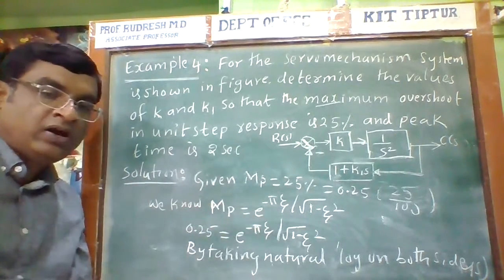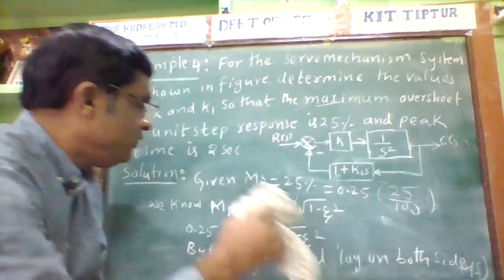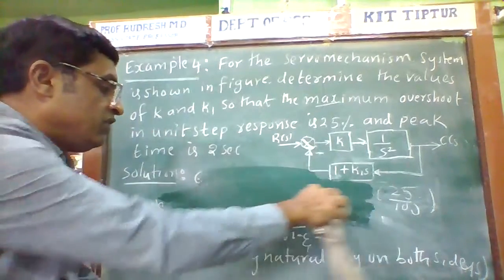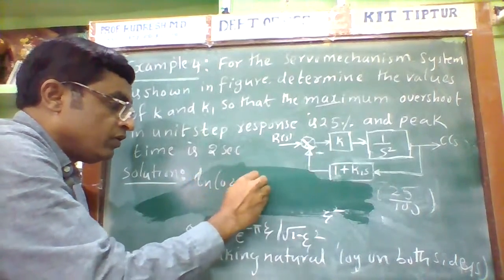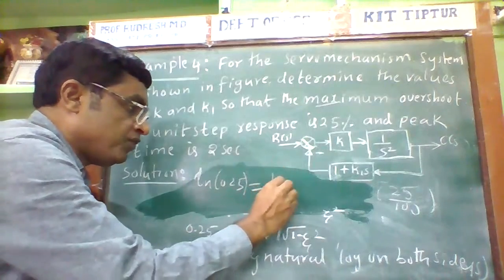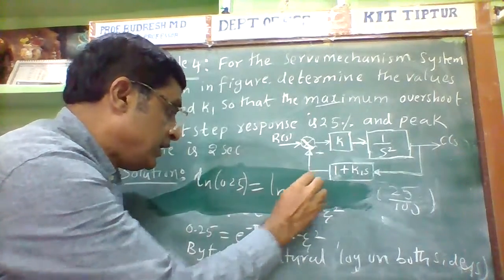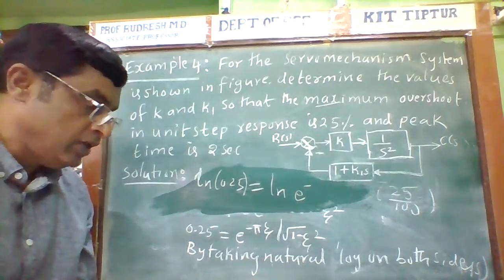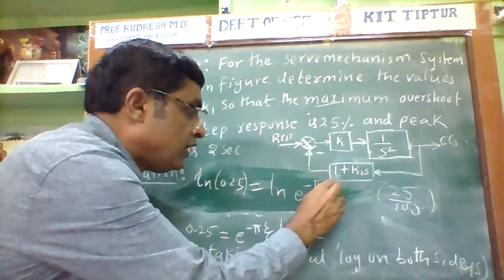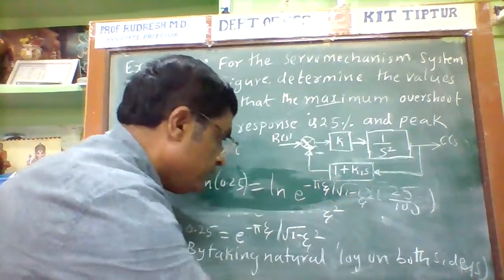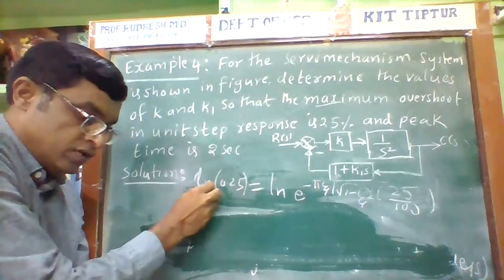Now take the natural logarithm on both the sides. ln of 0.25 is equal to ln of e power minus pi into zeta divided by square root of 1 minus zeta square.